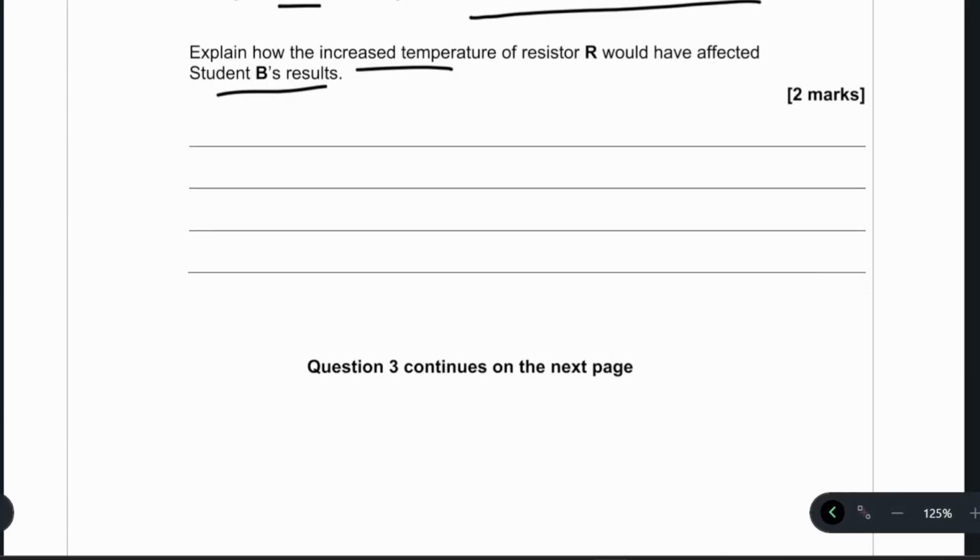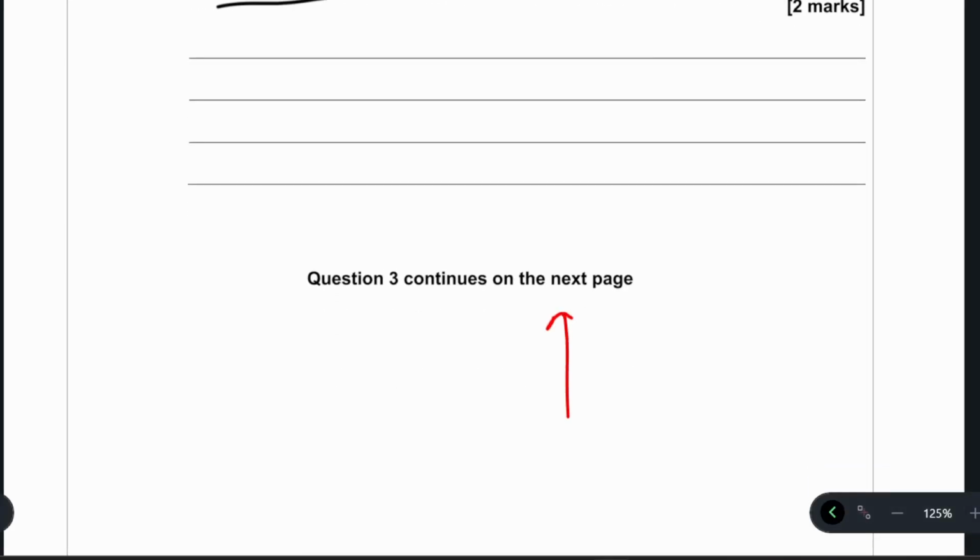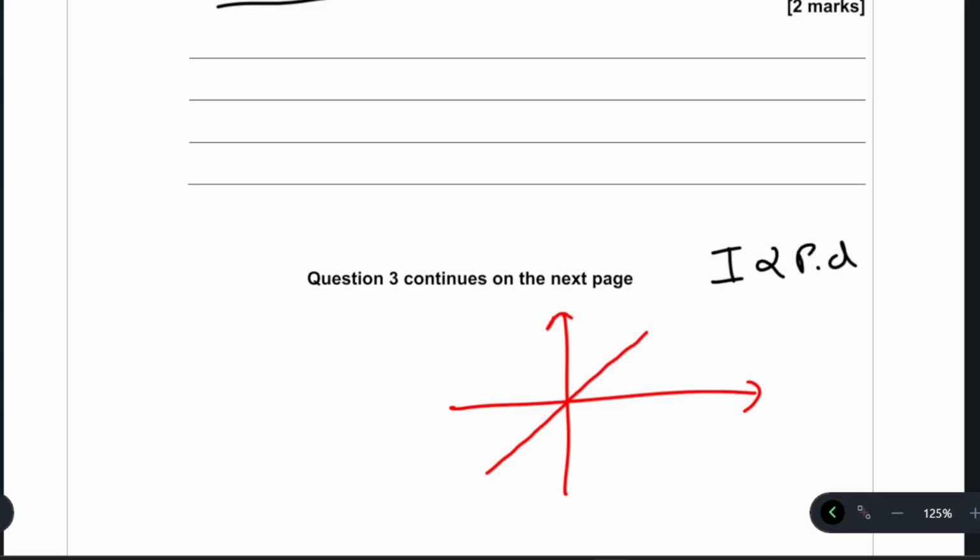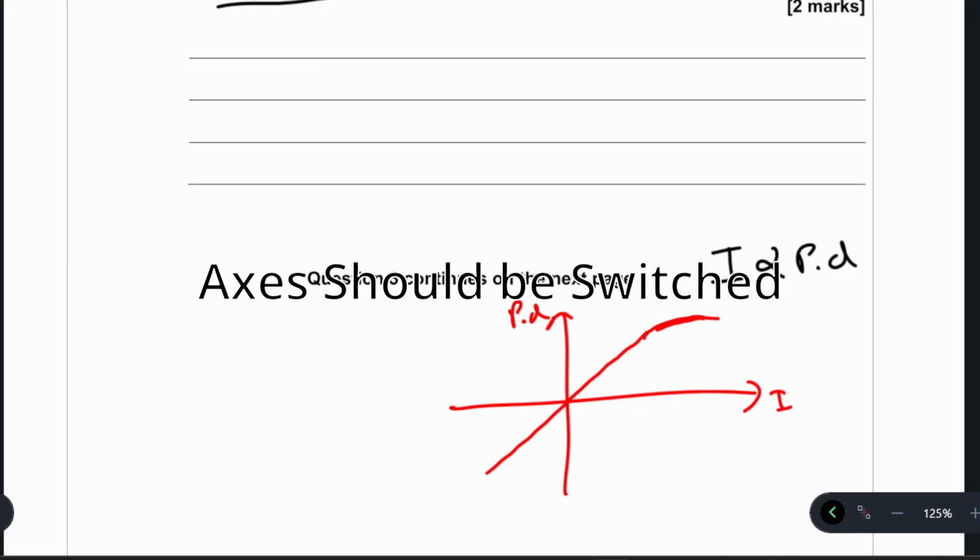Well, we should know, and I kind of alluded to it earlier, that generally a resistor is going to obey Hooke's law, so we're going to see something like this. Hooke's law basically says that the current is directly proportional to the potential difference. But as we get to very high currents or very high potential differences, we will notice that this tends to bend away like this.